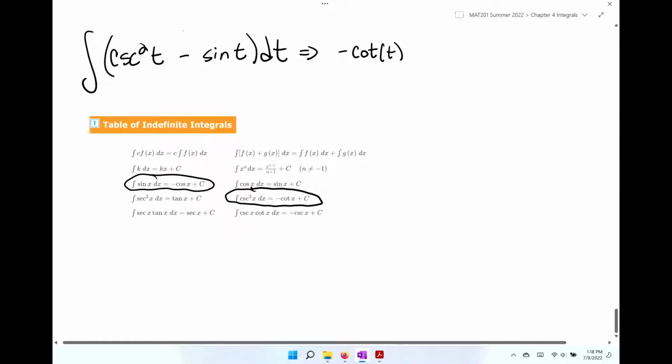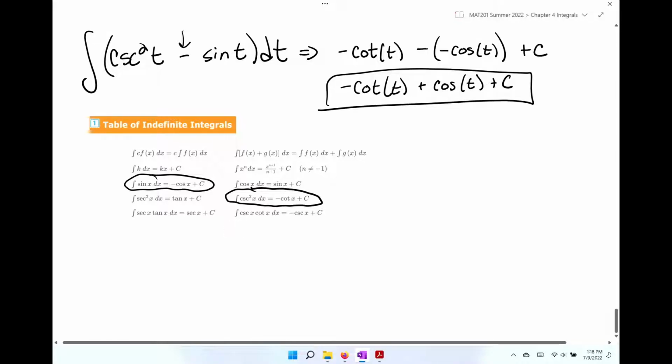Now you do have a minus sign, so we're going to write minus. Now we're going to integrate sine, which is negative cosine, plus some arbitrary constant. And just to clean this up, we have a double negative, so we're going to make it negative cotangent t plus cosine of t plus a constant.